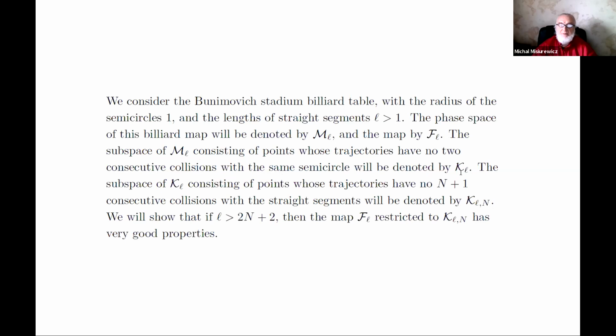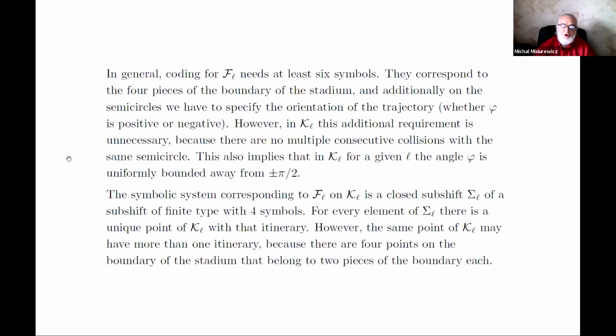And this will be K sub L. So, and then a subspace of this subspace, K sub L,n, where there are no n+1 consecutive collisions with the straight segments. Okay, and now I said we take large n, so at some moment we will be assuming that L is larger than 2n+2. And then this map will have very good properties.